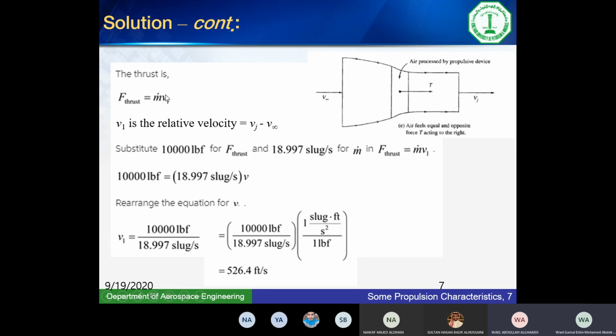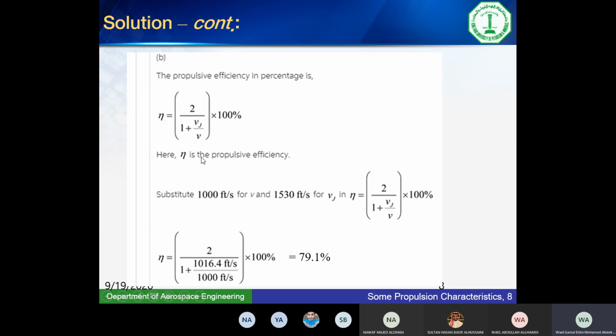What does that mean, V1 increase? The change in speed will increase. Whenever that speed increases, that's not good news in terms of efficiency. The efficiency is 100% if V_jet is the same as V infinity, and you can check this from the equation. In order to get 1 in this ratio, this is 2, so this is 1, so this one has to be 1.